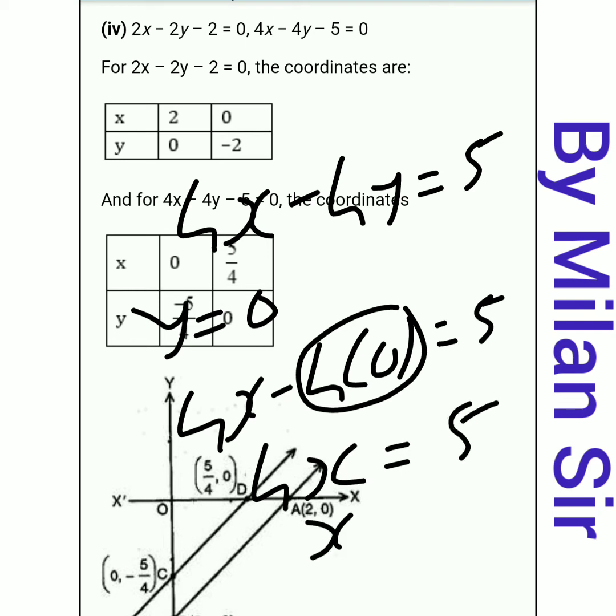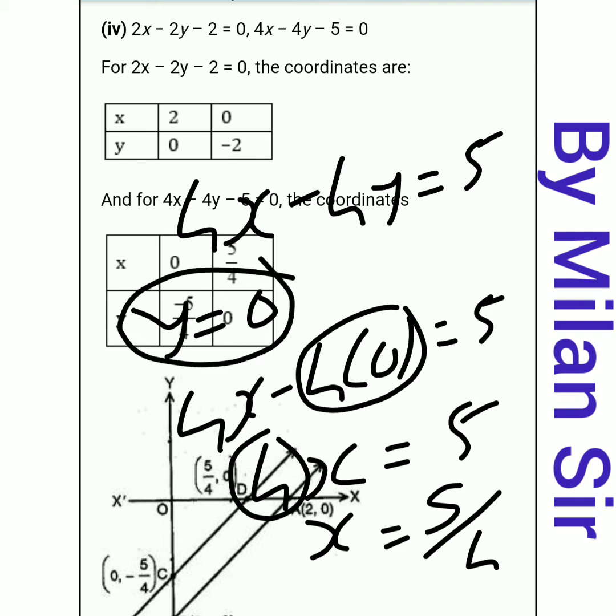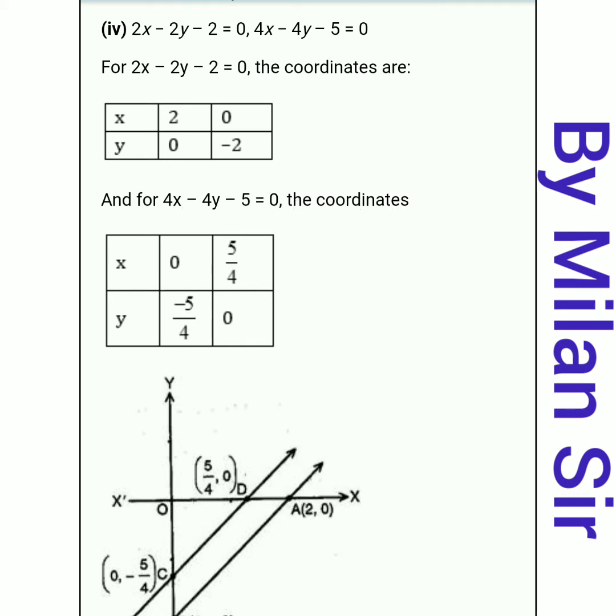Transfer the 4 to the right hand side, it goes to the denominator, so x is equal to 5 by 4. So our points are ready: (0, minus 5 by 4) and (5 by 4, 0).